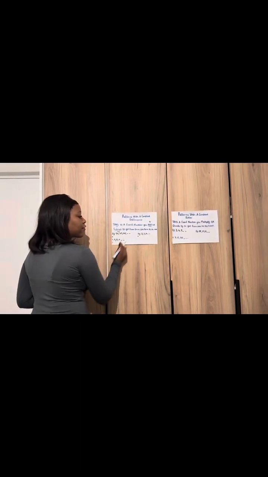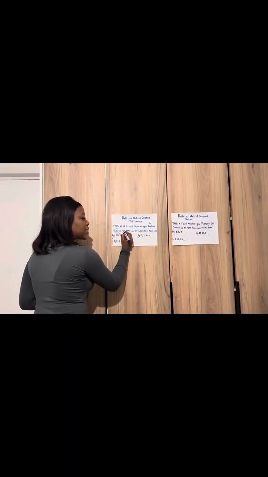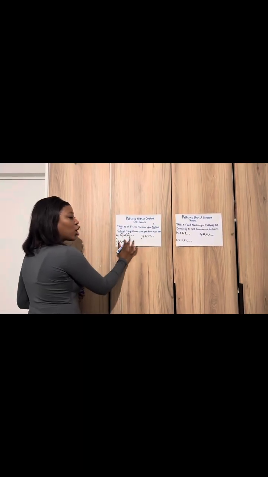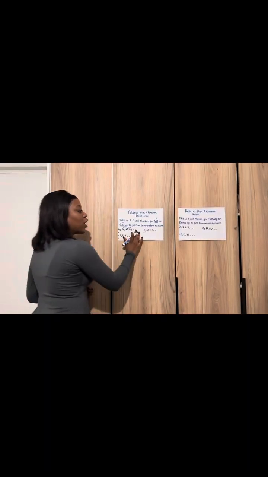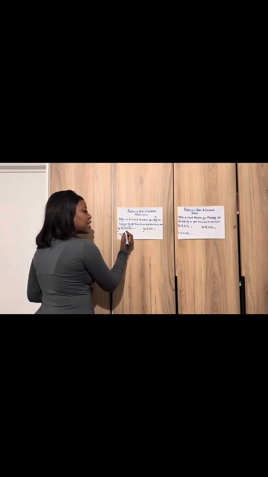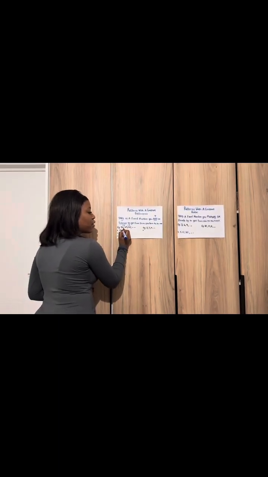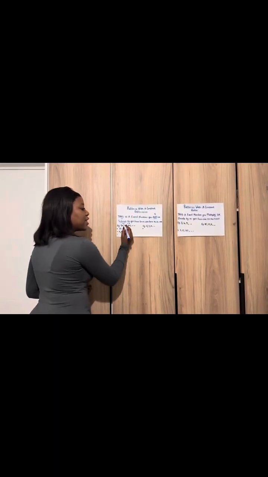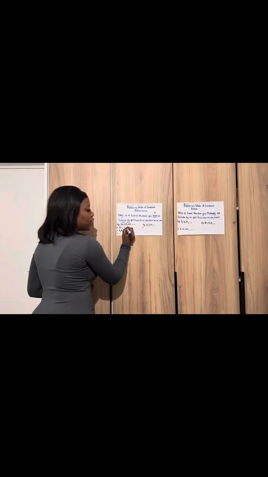Subtracted 5. 45 to 40, subtracted 5. So this is the constant difference of this numeric pattern, and it is the rule for the pattern. For the following terms, we will continue subtracting 5. 40 subtract 5 is 35. Next term, subtract 5 is 30.